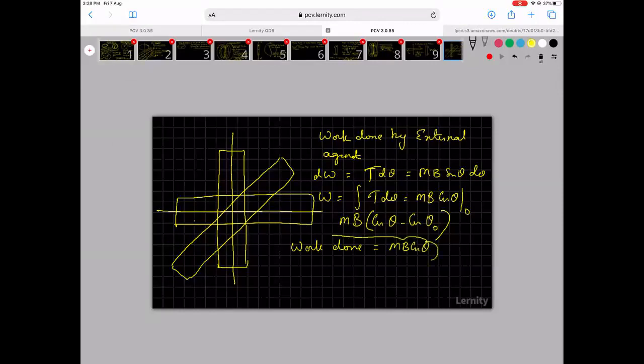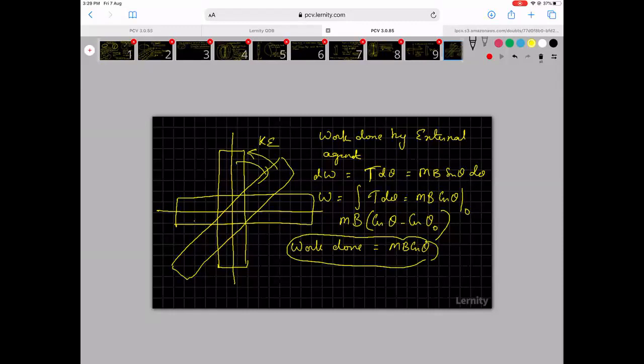Now this work done is what gets stored as potential energy. That means if you turn it like this, you do work of MB cos theta, or M dot B. Once you release it, it tends to come back, and when it comes back, it comes with some kinetic energy. We can talk about a potential energy coming up because of a magnetic field, but we will still not call it a magnetic potential energy.